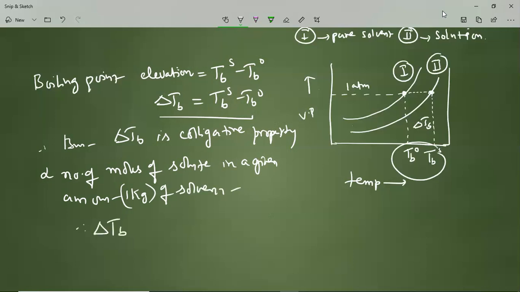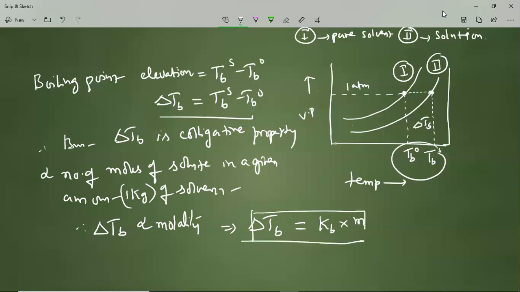So delta TB is proportional to small m, the molality. In other words, delta TB equals the constant Kb times molality m. This is the mathematical expression for elevation of boiling point.